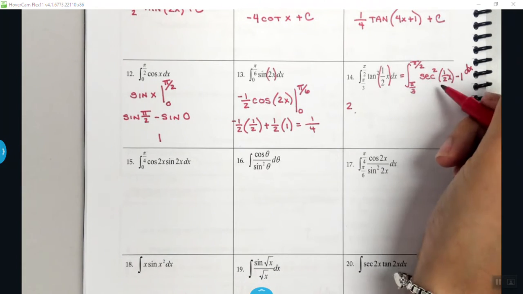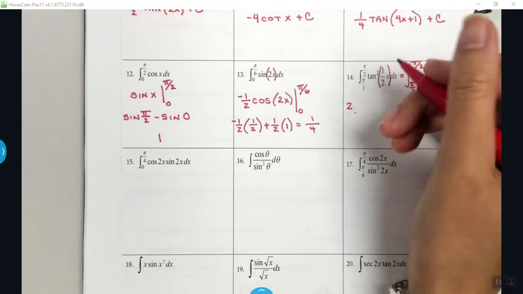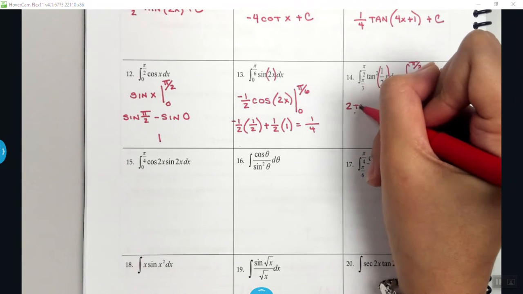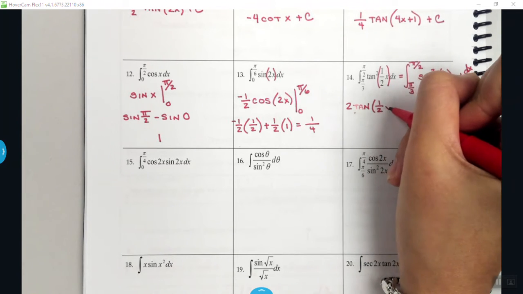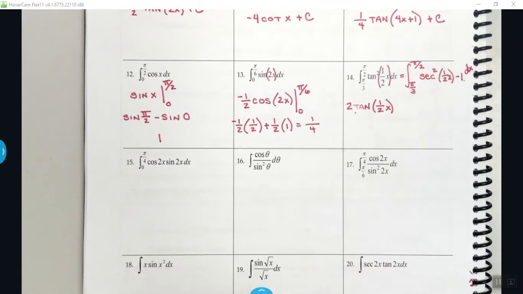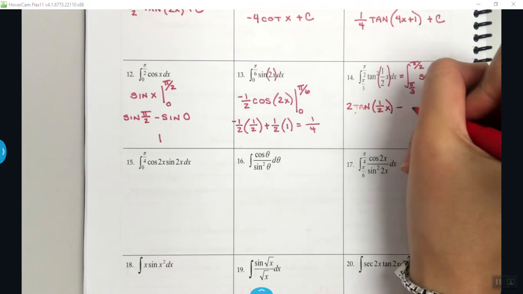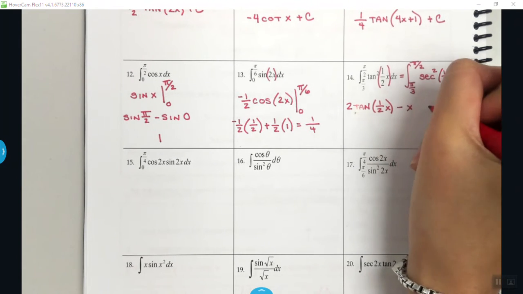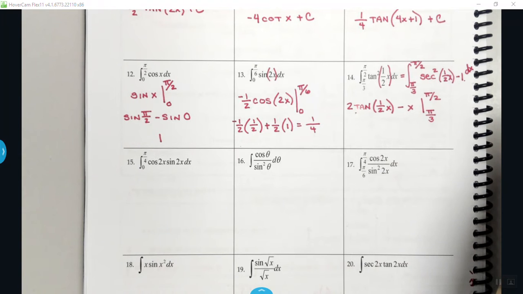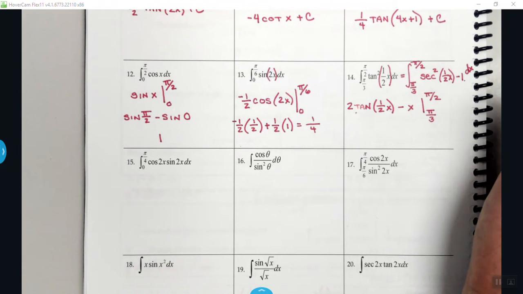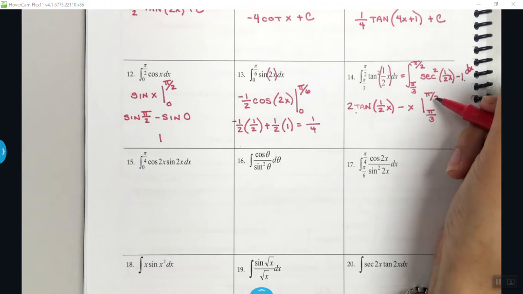What's the integral of secant squared? Integral of secant squared is tangent of 1/2 x. And then what's the integral of the 1? Oh, that's just minus x. From pi over 3 to pi over 2. That's gross. No, you actually have to plug it in.